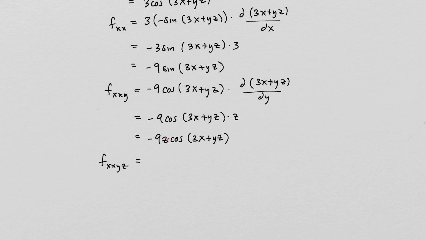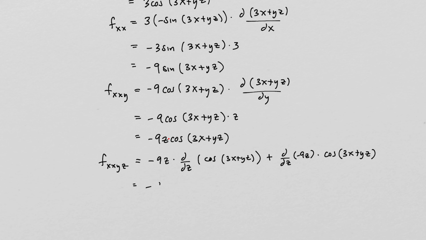So to do this derivative, we are going to take the first function, negative 9z, and multiply by the derivative with respect to z of cosine of 3x plus yz. Plus, then we take the derivative of negative 9z, and we're going to multiply that by cosine of 3x plus yz.